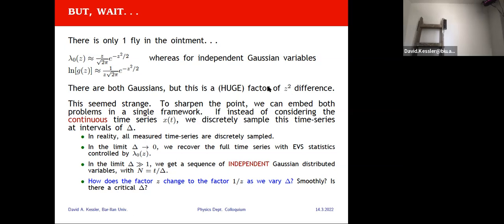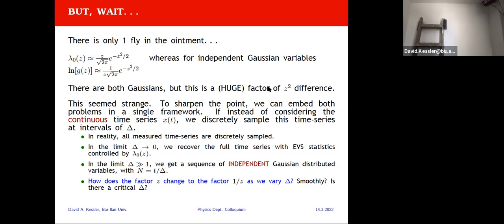If I wait an hour, the system has forgotten what was before, and I have IID variables. If I look every nanosecond, then I have essentially the continuous time series. But one of them has a z upstairs, and the other has a z downstairs. So what happens in the middle?